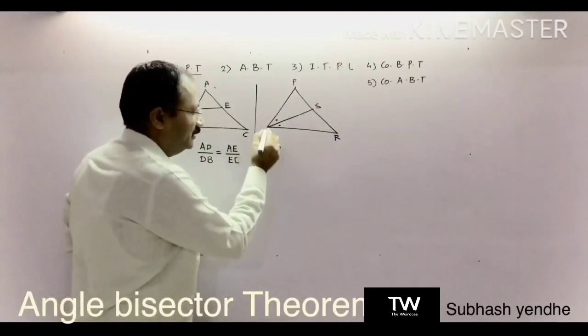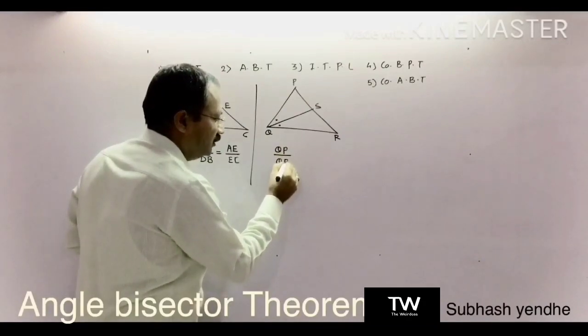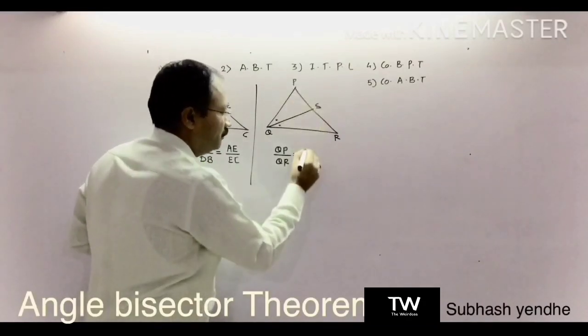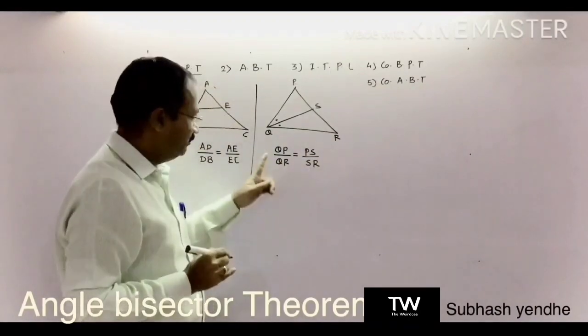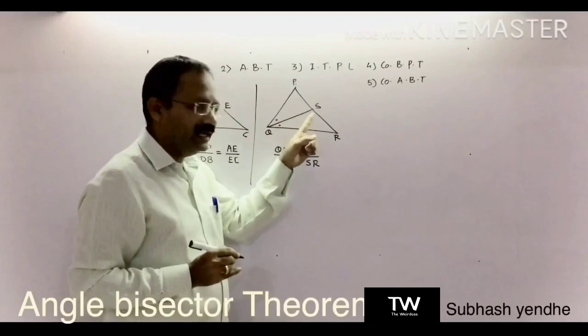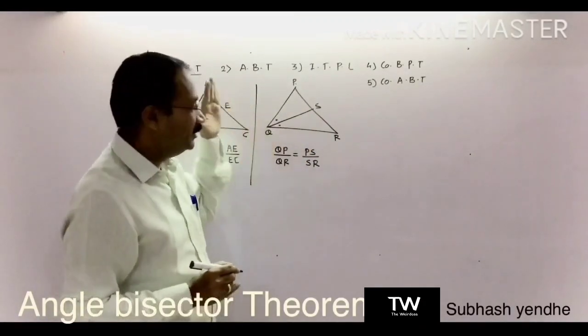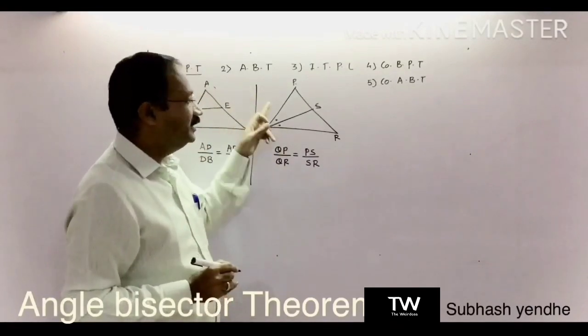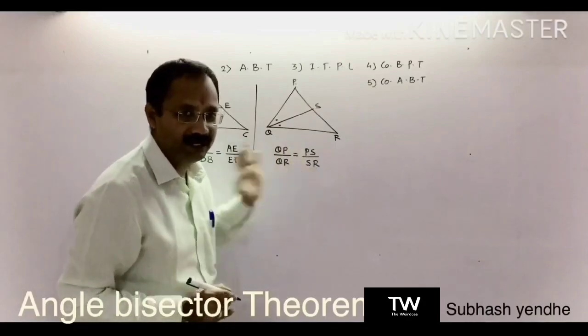It says that QP upon QR equals PS upon SR. It means if any ray or segment bisects the angle, it divides the opposite segments into equal ratio.